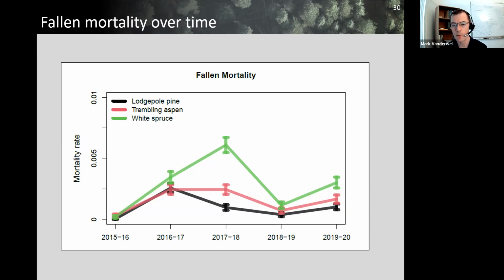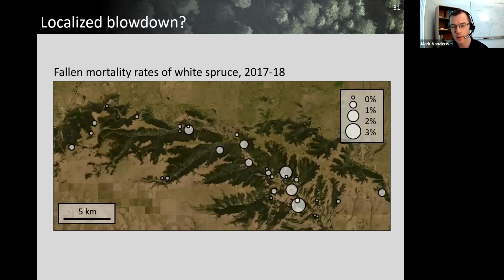If that was the case, we might expect that a lot of this mortality could have been concentrated in a couple of sites that were in one local area of the park here. And so I mapped the fallen spruce mortality rate for that year. And I'm not quite sure whether this provides good evidence that it was a result of an individual storm or not.